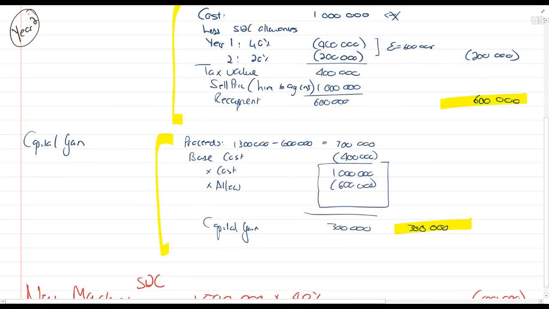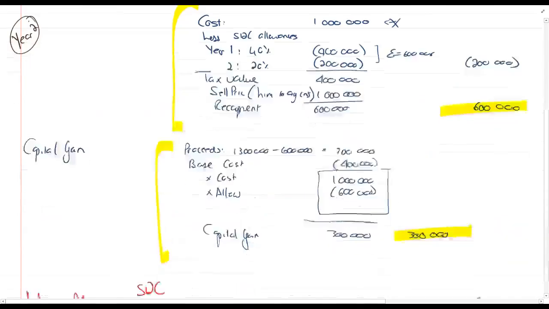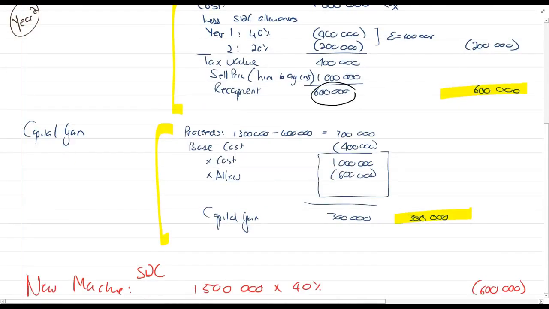Okay, now, what do paragraph 65 and 66 say? They allow you, if you had an asset and you replaced it with another asset, to take the recoupment that you got from selling the asset and the capital gain that you got from selling the asset, and to defer it over the same period of time that you are writing off the new asset.